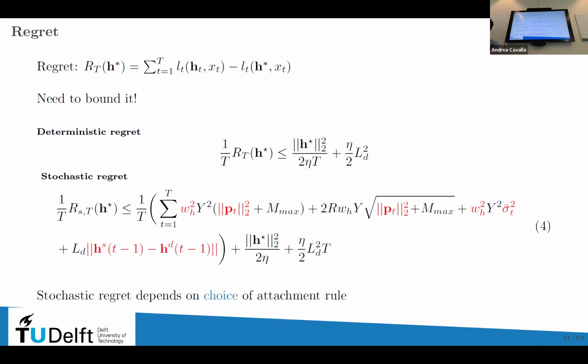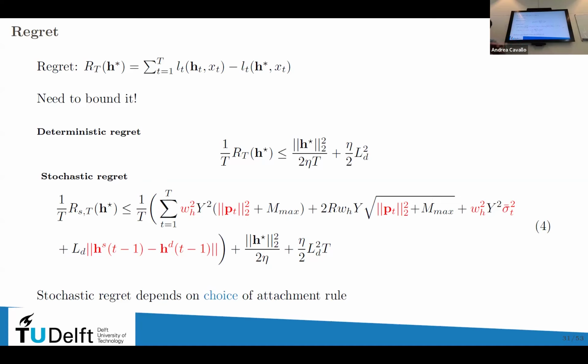But more importantly, in the stochastic regret, there are two types of analysis going on here. The first is, of course, not having all the data together. So you see these two terms are already coming up here. Whereas the other terms are coming from not knowing the true attachment when we are making a prediction.